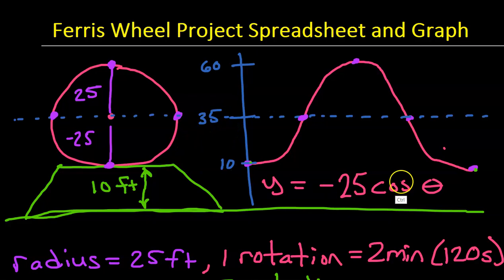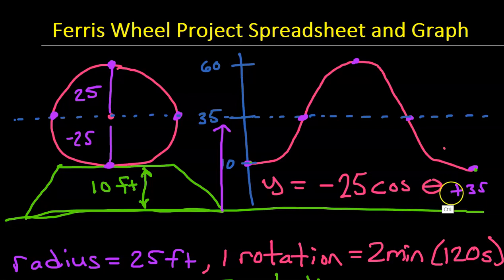So we have learned that if you want to modify a function and shift it up, I'm moving the midline from 0 all the way up to 35. The way that you do that is you just have to add 35 to all of these numbers.